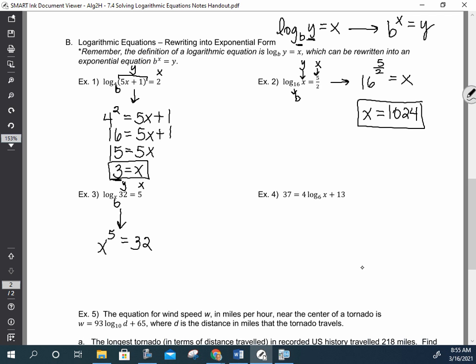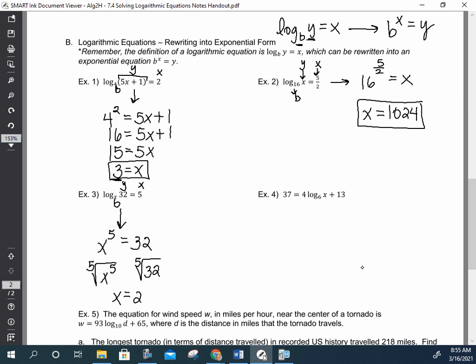To solve it out, we're going to be doing the 5th root. In this case, most people will probably opt to just do trial and error: what to the 5th power is going to give us 32, which is 2. So this number is not that difficult to get.